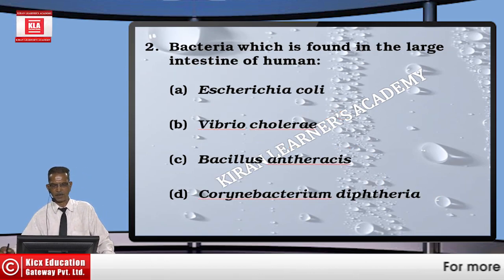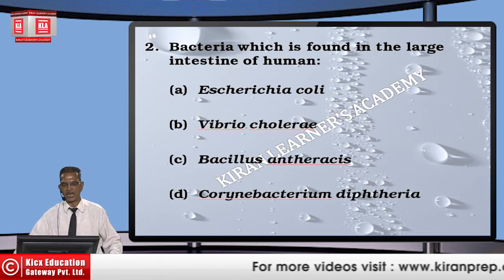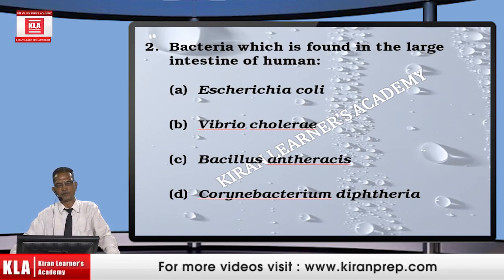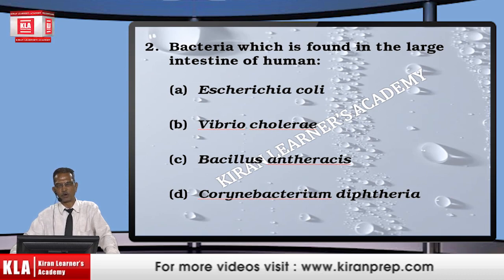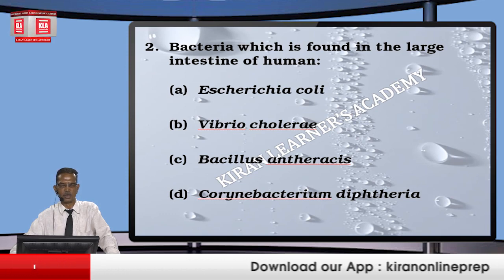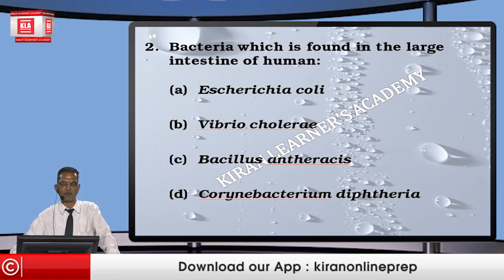Next, bacteria which is found in the large intestine of human. Actually, if we look into the colon or the large intestine of human or other animals, we'll realize that there are different types of bacteria that are there.